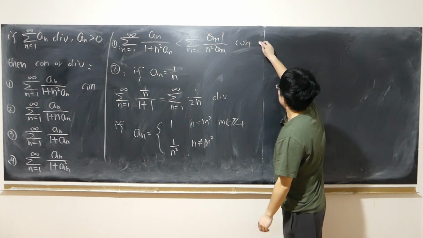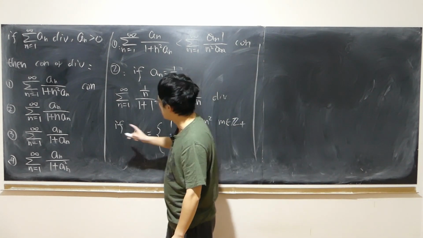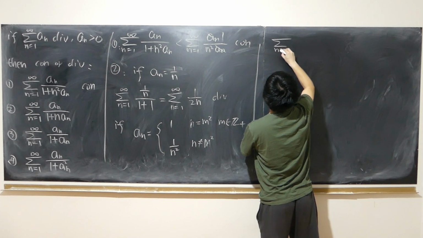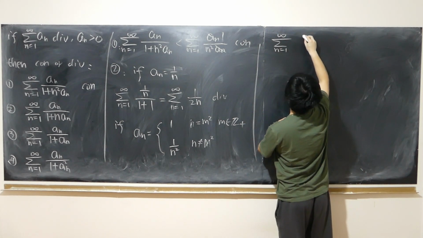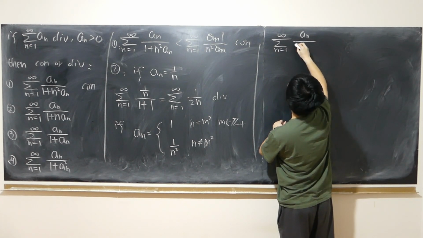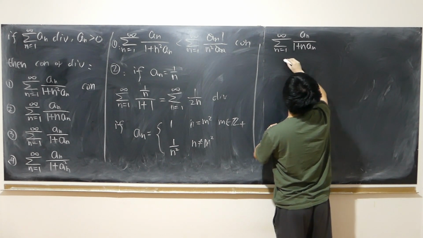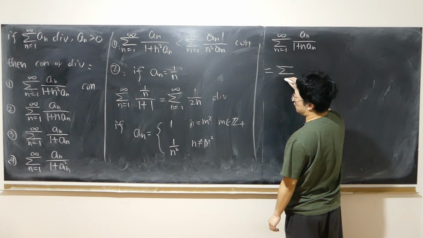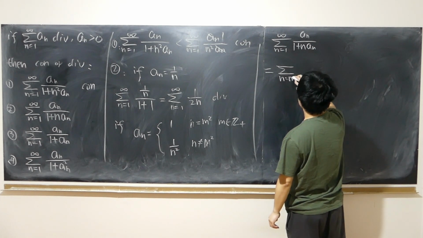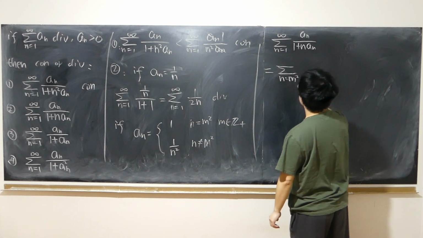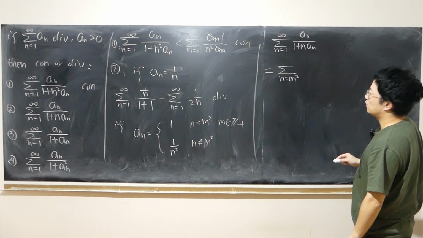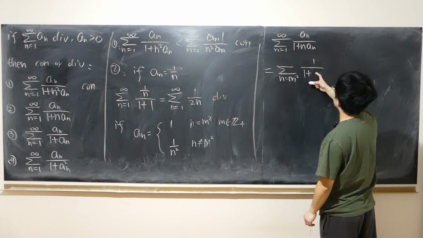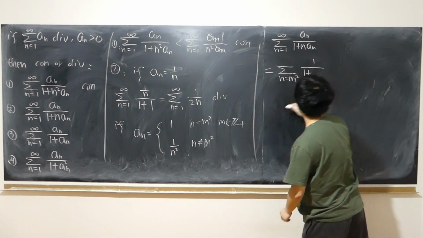However, if we substitute this into this series, the sum from n equals 1 to infinity of a_n over 1 plus n times a_n is in fact equal to two parts. First, the sum when n is equal to m squared, in that case a_n becomes 1, so 1 over 1 plus n times 1, with n equals m squared.